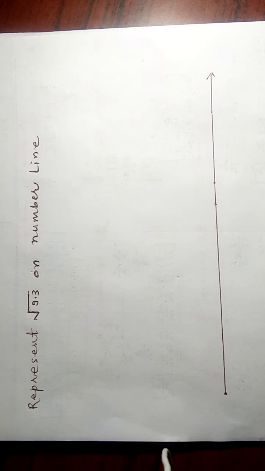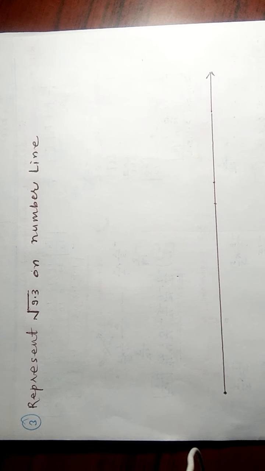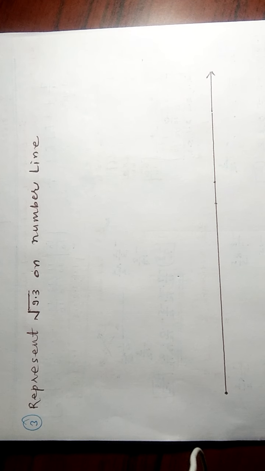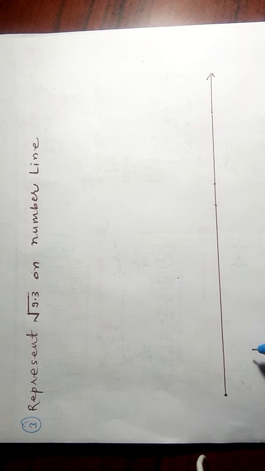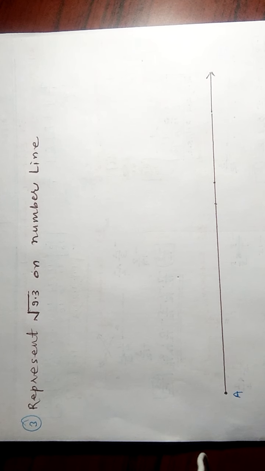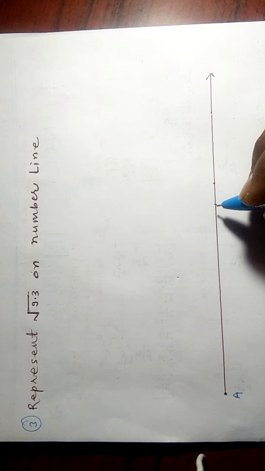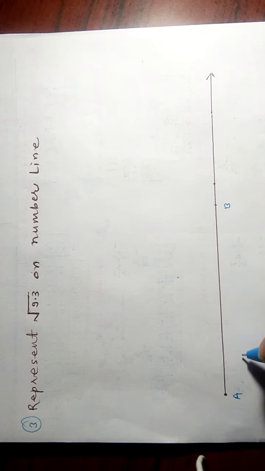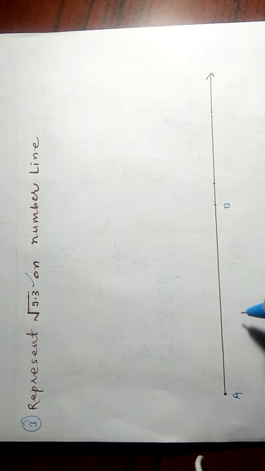Now let's consider question number 3. We represent root 9.3 on a number line. How can we represent it? To solve this question, consider a point A on the number line and now take AB, which is equal to this given number 9.3.